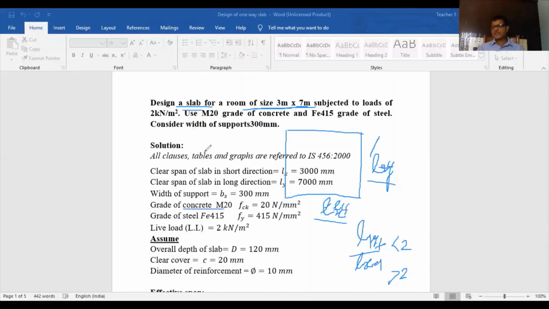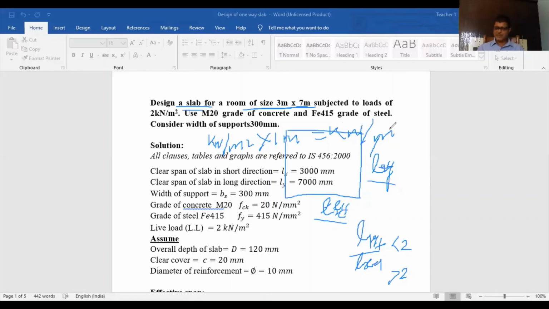If you multiply by the 1 meter width, it becomes kilonewton per meter, which is a UDL on your span. So the formulas remain the same: WL square by 8 for maximum bending moment and WL by 2 for maximum shear force.